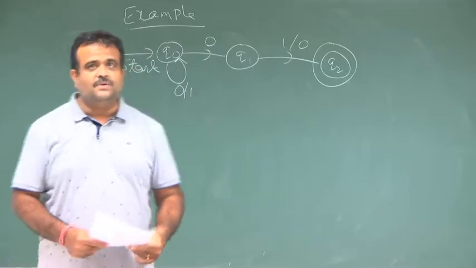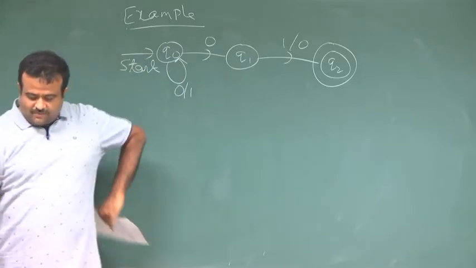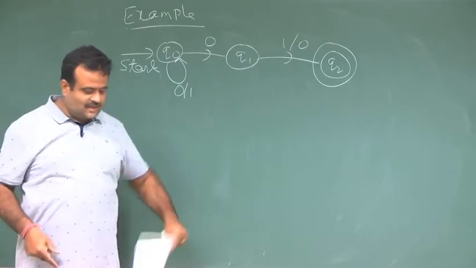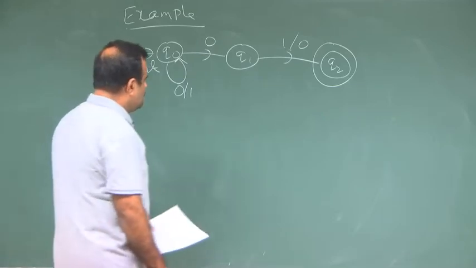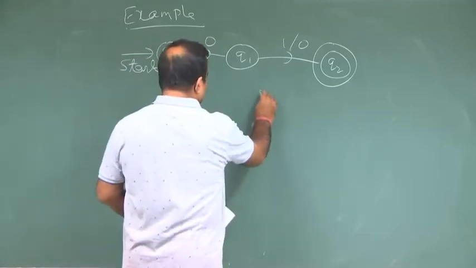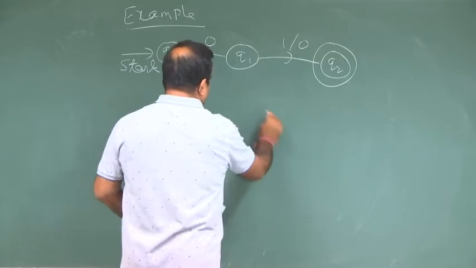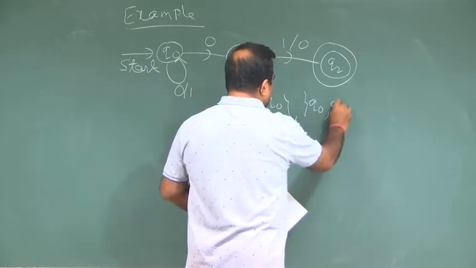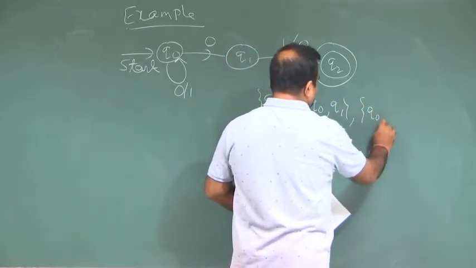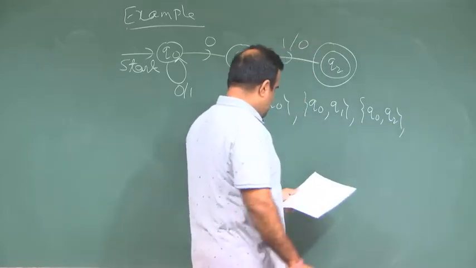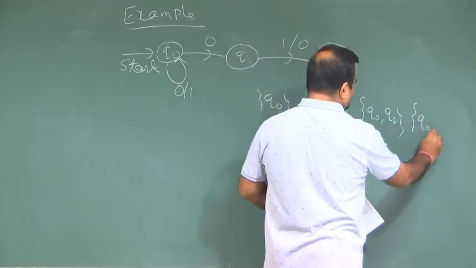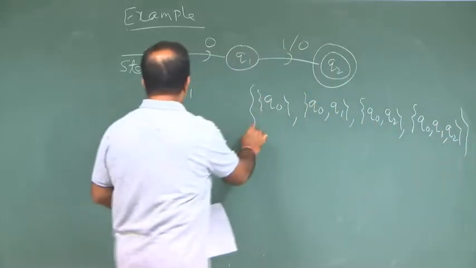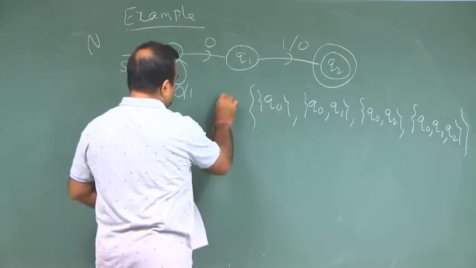The DFA states will be all the possible subsets, but among these we consider only those subsets containing the starting state, q0. So, they are q0, then q0 q1, then q0 q2, and then q0 q1 q2. So, this is our Q_D.